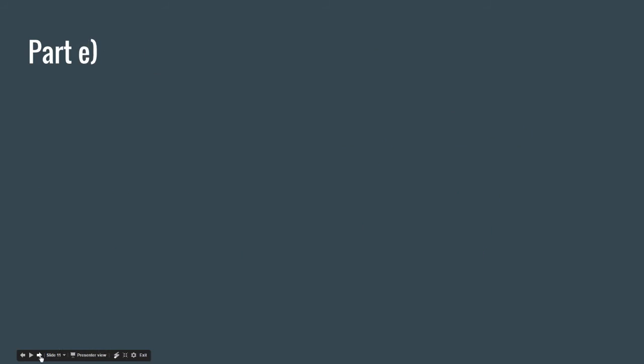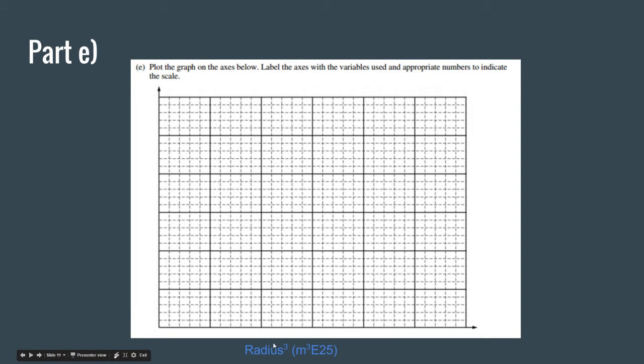So I've put radius cubed, and for simplicity's sake, I put meter cubed times 10 to the 25th in the units, so I don't have to write times 10 to the 25th after each of my values.